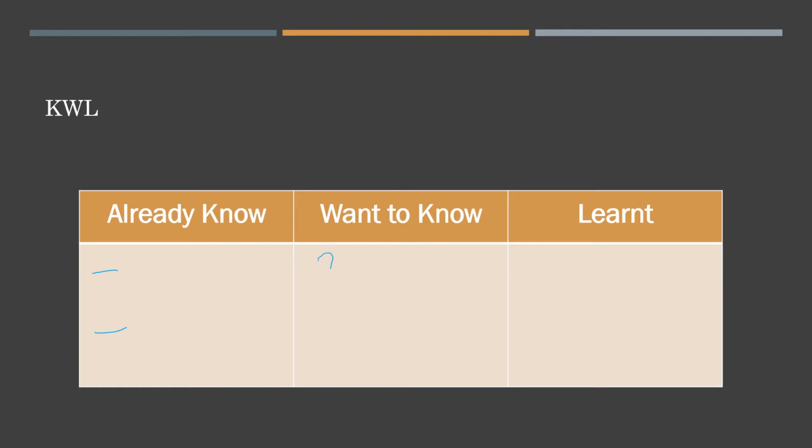Under Want to know, if you have any questions about the memoir or autobiographical writing, you write them here. And finally, as usual, we leave the last column, Learned, till the end of the lesson. Then you write what you've learned here.